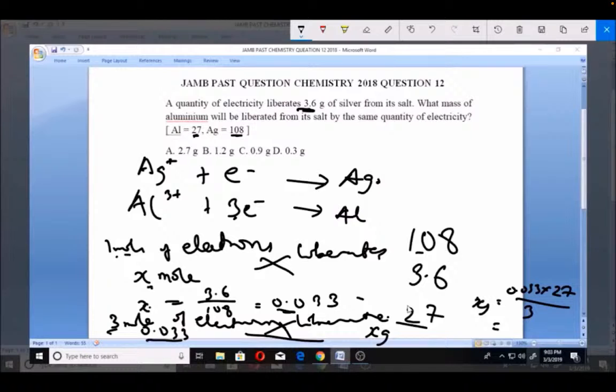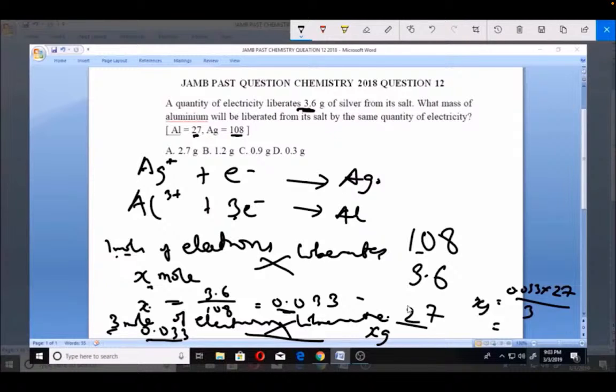You press your calculator: 0.033 times 27 gives us 0.891, divided by 3 will now give us 0.297.